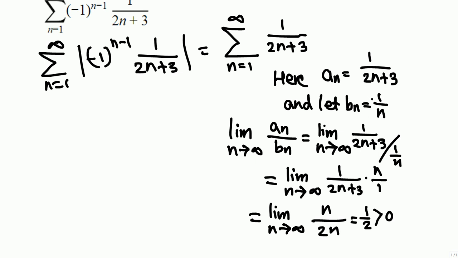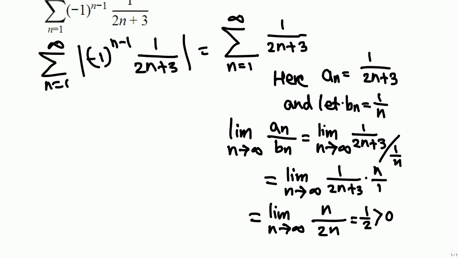We know the series with bn, sigma bn, n from 1 through infinity, diverges, being the harmonic series, or a p series with p equals 1.